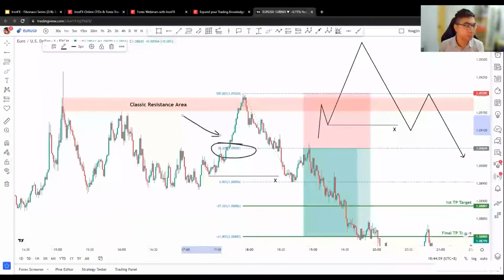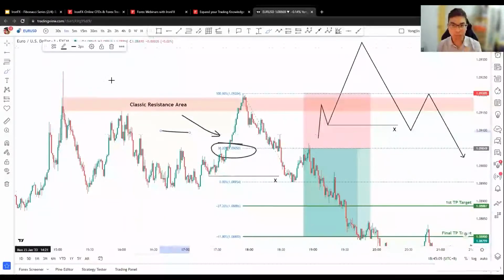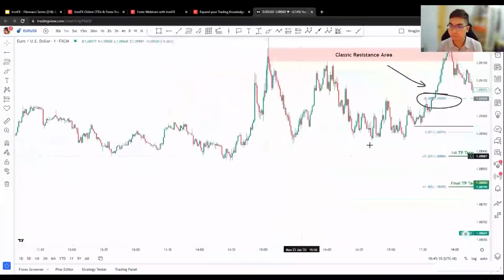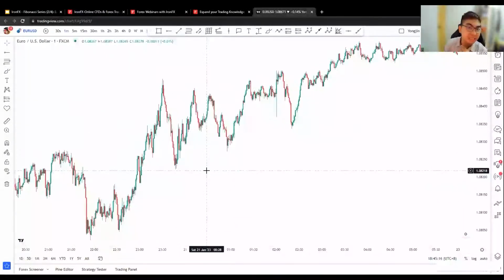Okay, let me take a look at this setup right there. Let me find another setup. I haven't found an extension setup yet. Let me find it.